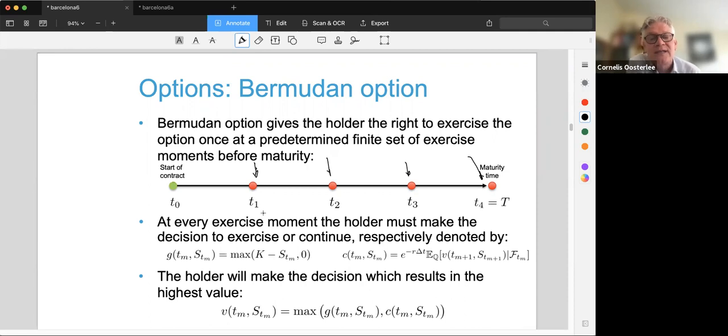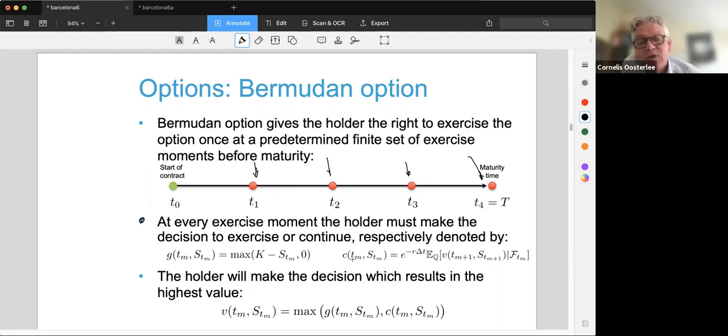I've shown you this in the slides of Tuesday, in fact. At every exercise moment, the holder of the option must make the decision to exercise or to continue. Exercising at some time Tm, at some stock value Stm, you get the maximum of K minus Stm in the case of a Bermudan put option.